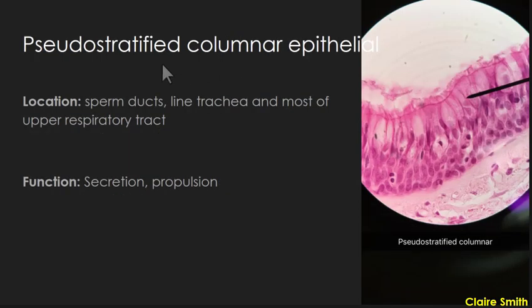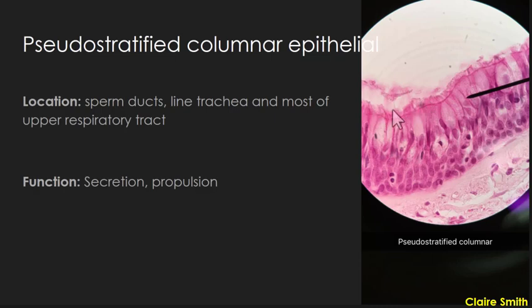Here is pseudostratified columnar epithelial. Again, epithelial will have a lumen. You could tell the nuclei aren't in a nice straight line like before, so it's pseudostratified. It's not technically stratified, which is why we call it pseudostratified, but it looks stratified. So we're just going to say pseudostratified columnar.